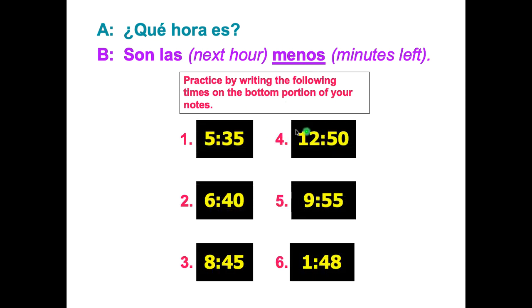So here they are. Remember here, it's 5:35. Use the clock that's on your notes. Okay, you'll see there that the long hand points at 35. You could see what you're going to say in Spanish. Use that. Okay, and don't worry right now about doing the AM/PM. Just remember 5:35.